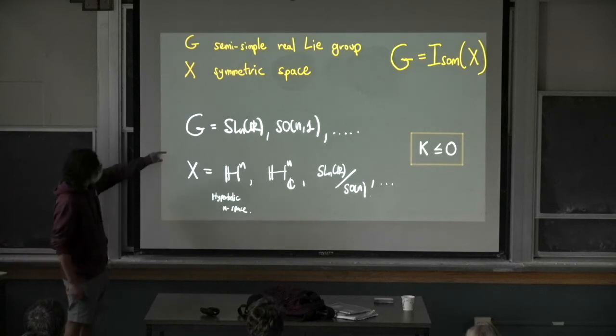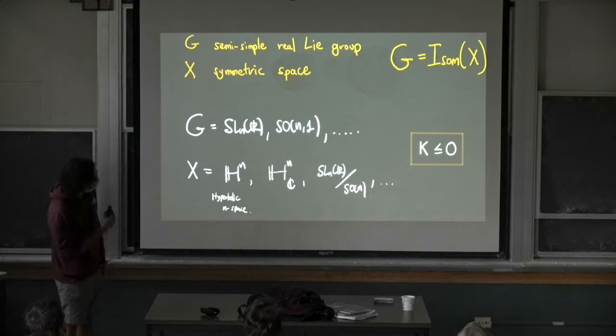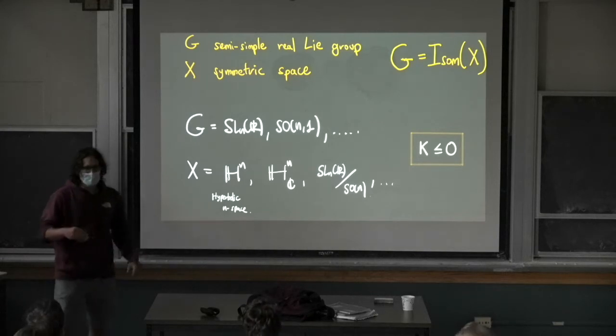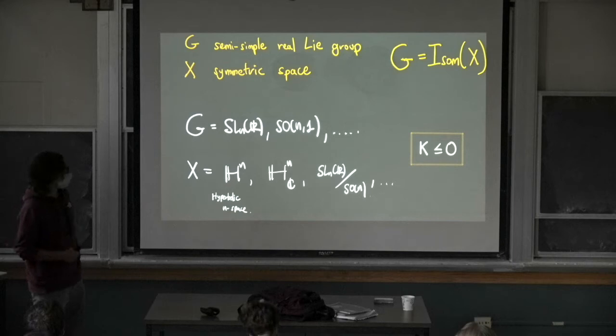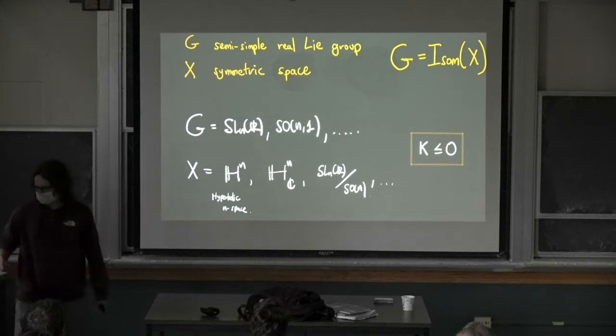And for each of these Lie groups, there's a corresponding symmetric space, and these always have negative curvature, between -1 and 0, you could say.